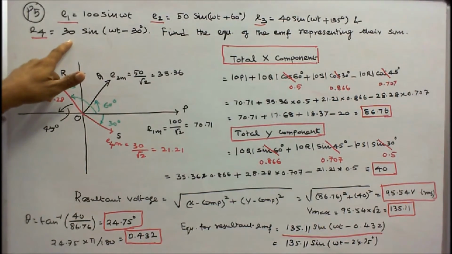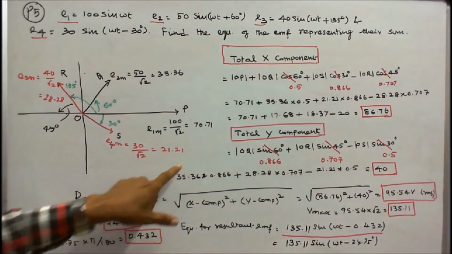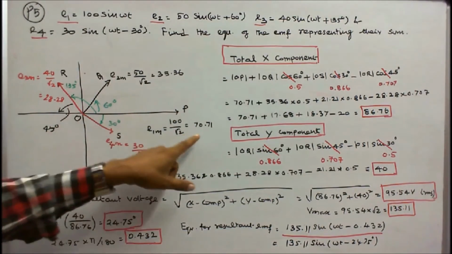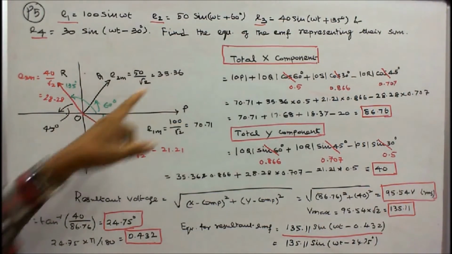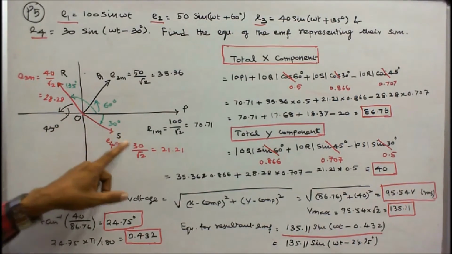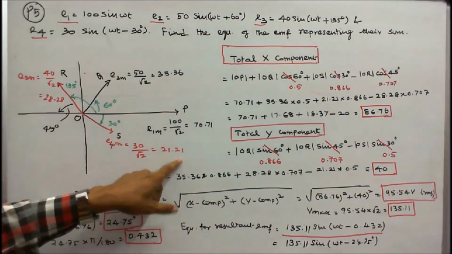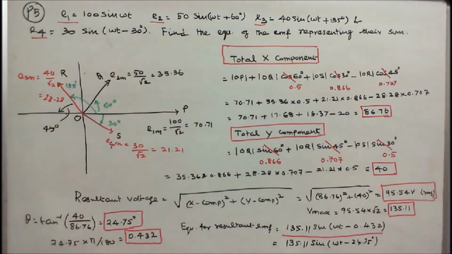E4 RMS is 30. Its maximum is 30 by root 2, that is equal to 21.21. Here OP is equal to 70.71, OQ is equal to 35.36, OR is equal to 28.28, OS is equal to 21.21. Next we have to find the total X component and the total Y component.